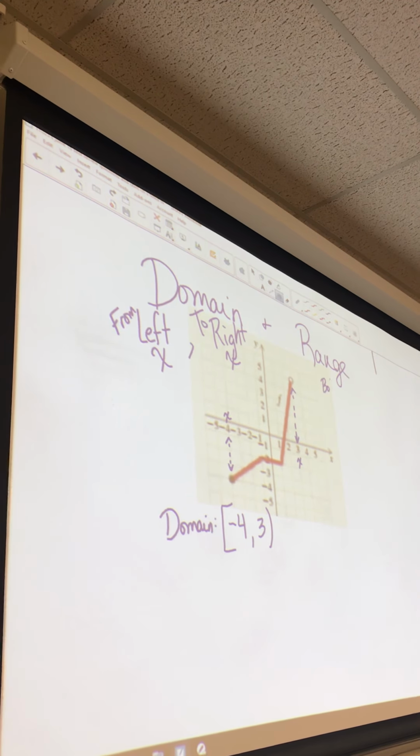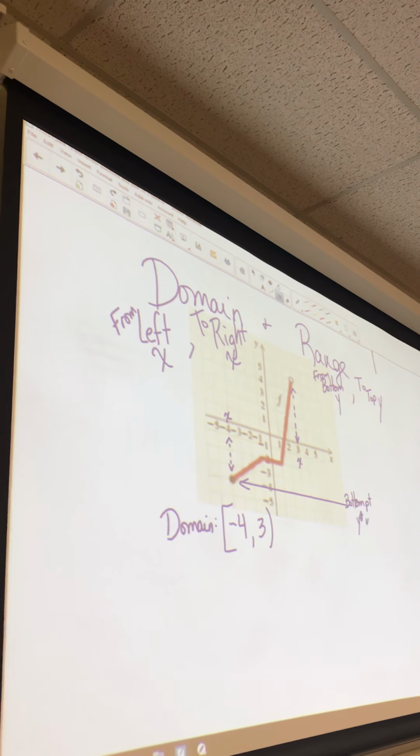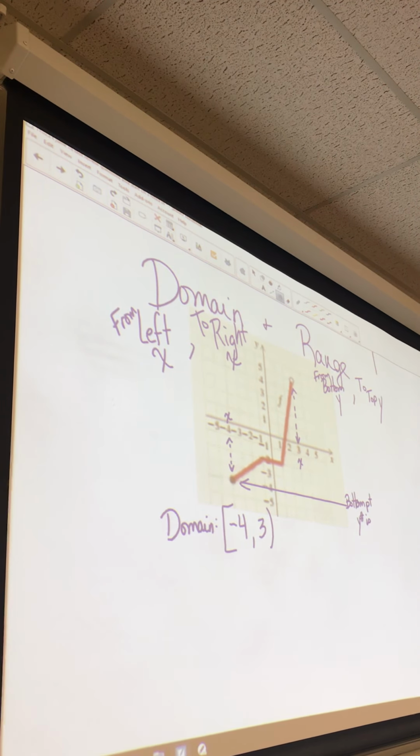Good. From the bottom Y, he said, to the top Y. So, here's my bottom point. What is its Y number? -4.